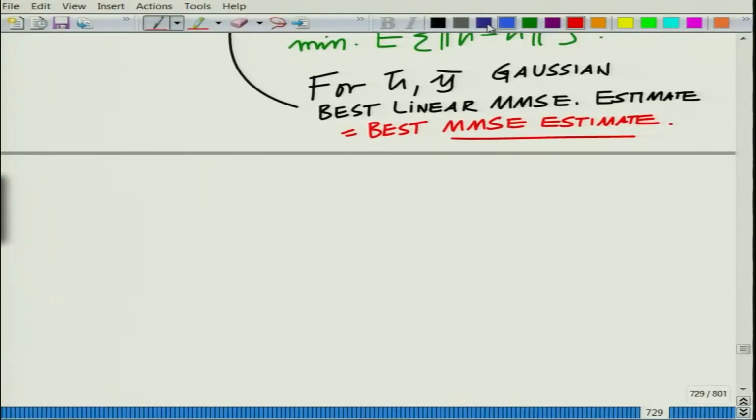This is a very important property of Gaussian random vectors. However, this does not hold for others in general.